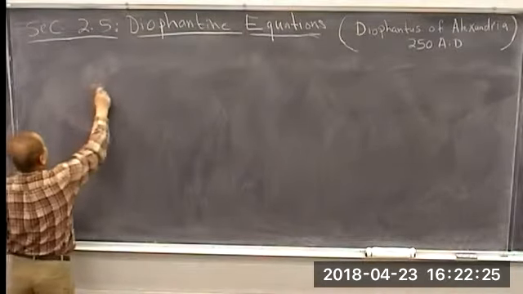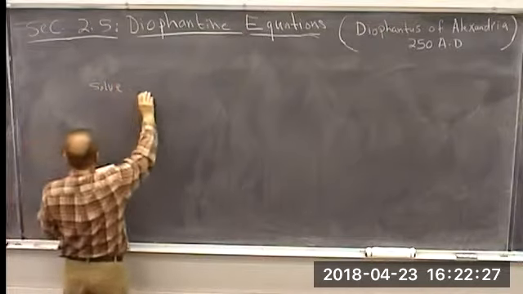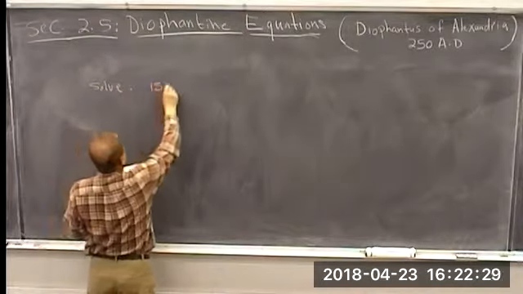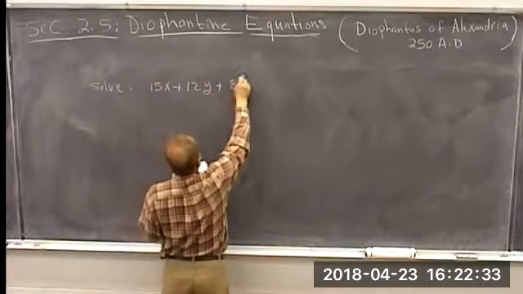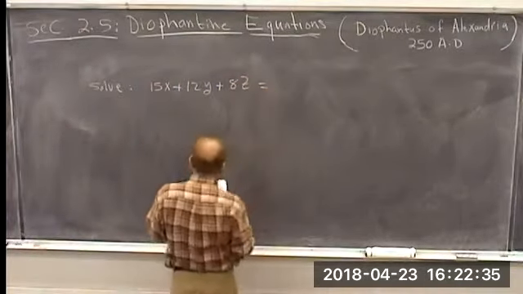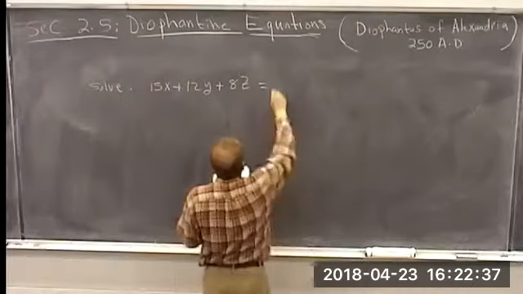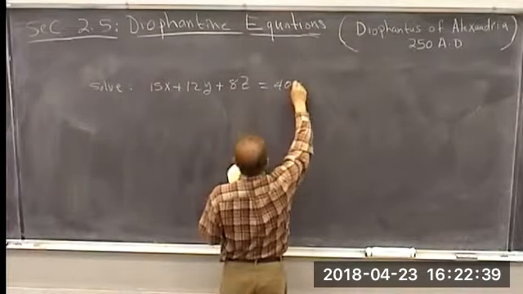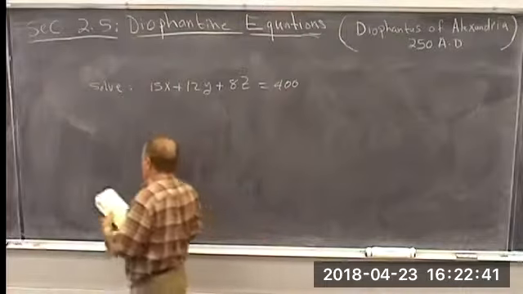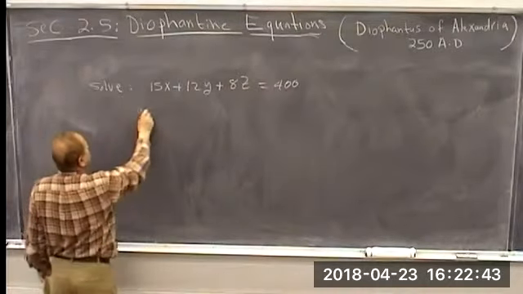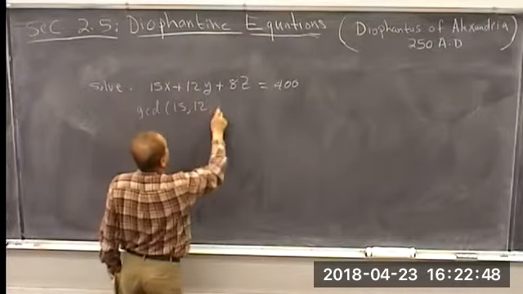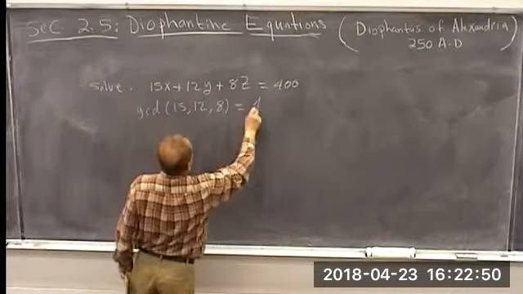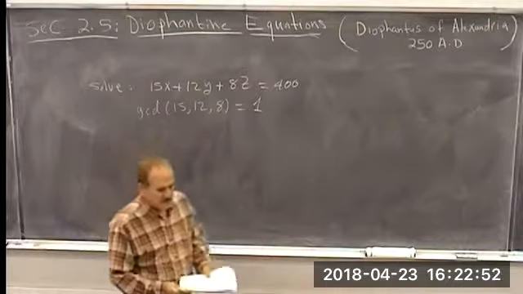So let's just start by looking at this. Okay, we're going to solve 15x plus 12y plus 8z is equal to 400. Now, when you look at the greatest common divisor of 15, 12, and 8, this is going to equal 1, all right?